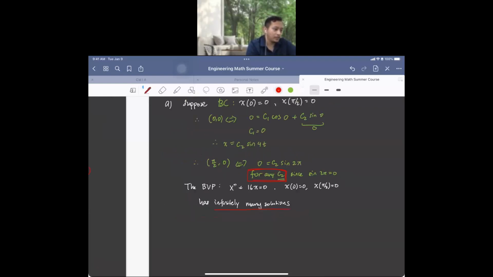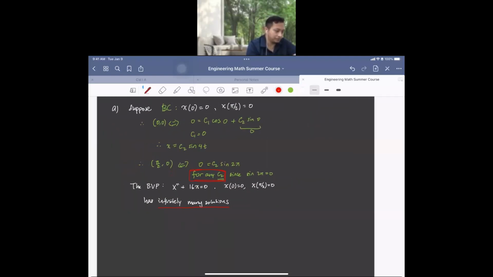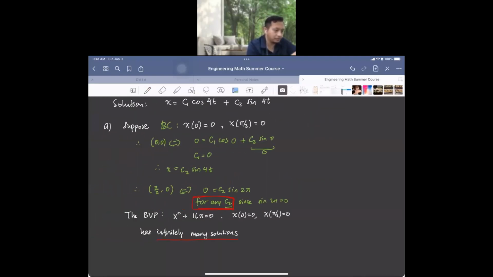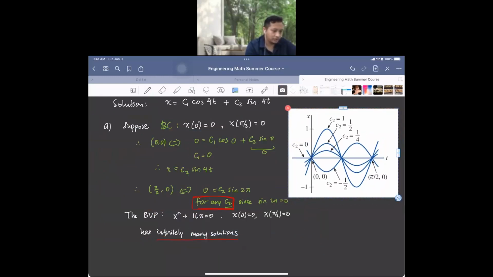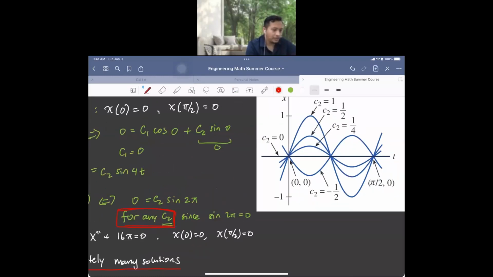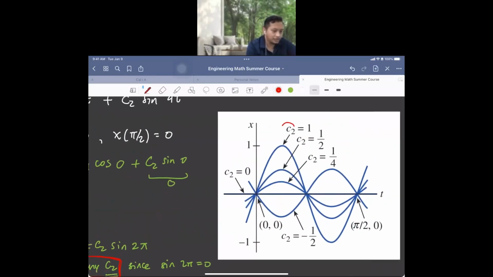And we may see what kind of graph we get from here. Just to give you this graph, if we change the c2 from 1 to 1/2, they all have the same behavior: they start from here and cross the t-axis here and here.